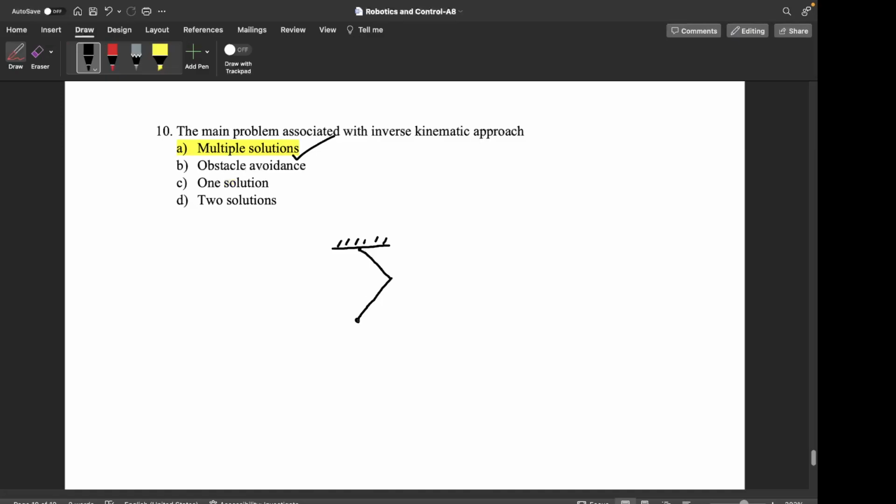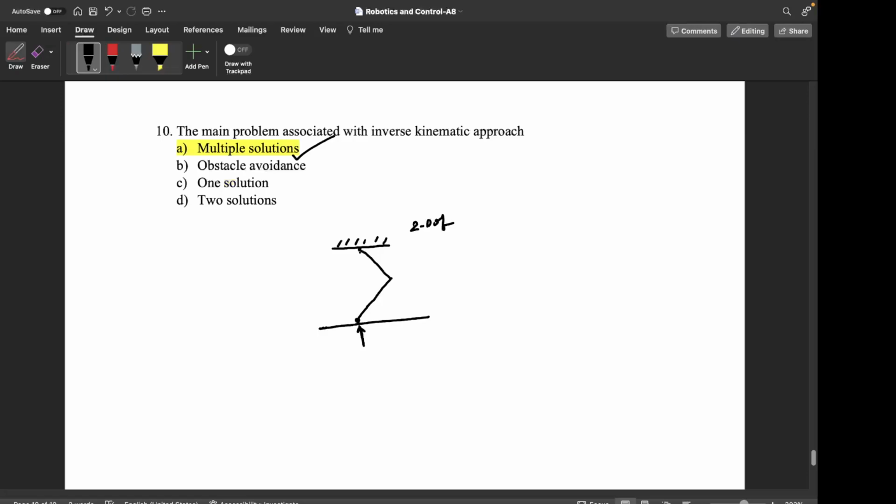This is the end effector. So this is a two degree of freedom system. Now let's say this is the floor, and I keep the foot fixed here. The foot stays here only.